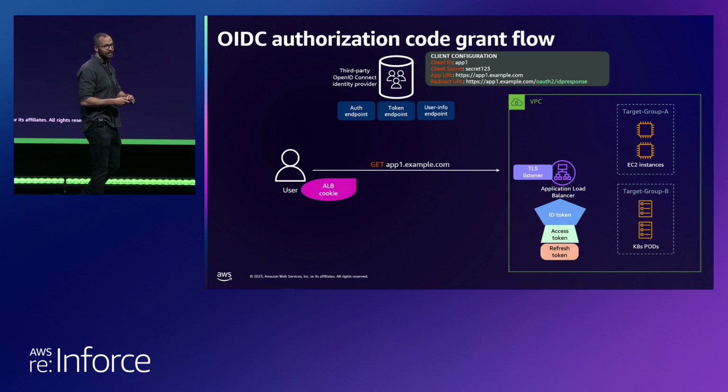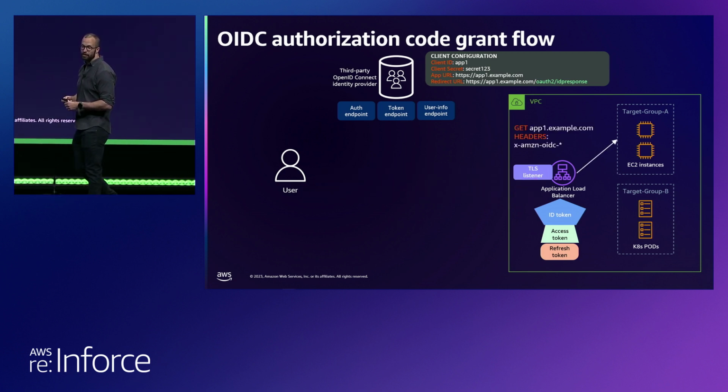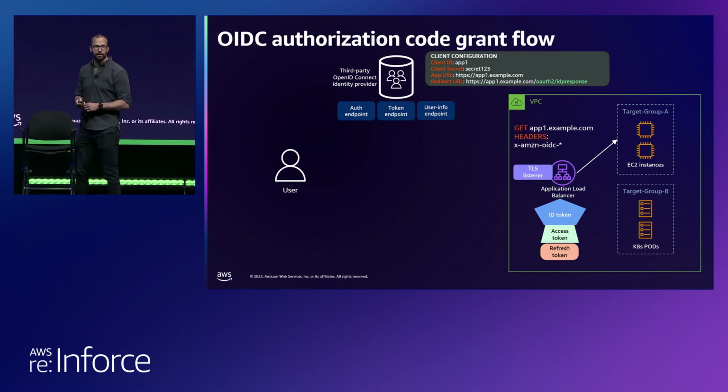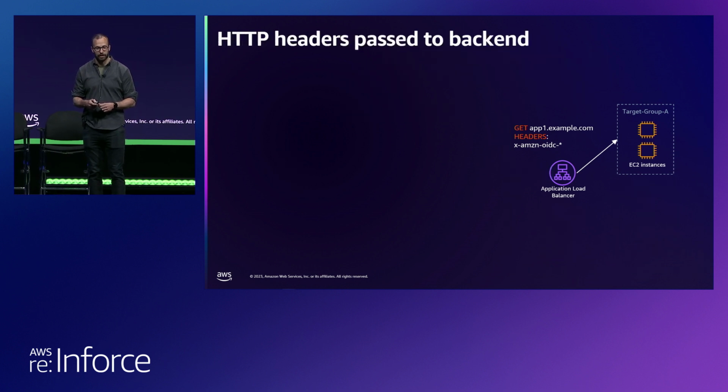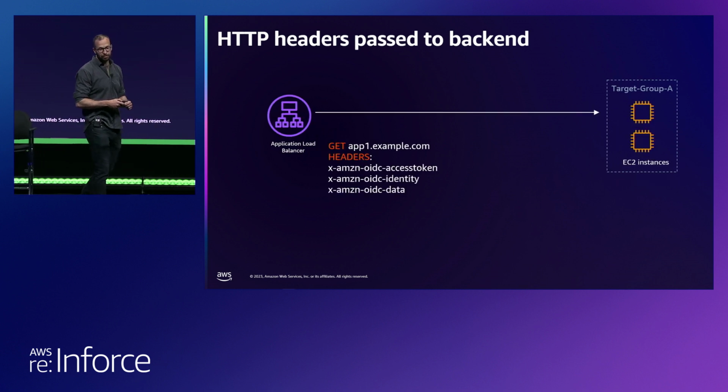So Alice connects again to app1.example.com, but this time she has the cookie generated by the ALB. So she's successfully authenticated, and the traffic can be forwarded to the backend. Now, the application load balancer in this scenario adds additional headers when it's forwarding the traffic. So we can zoom in and see what those headers are.